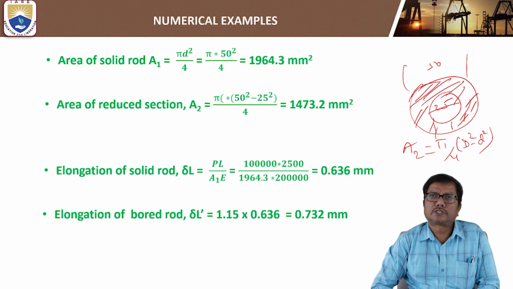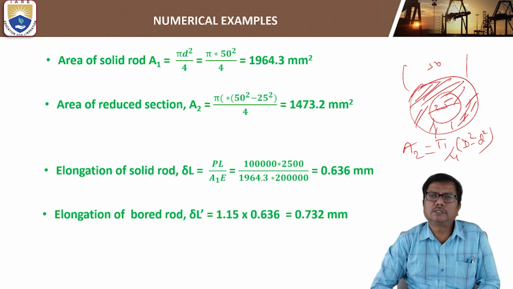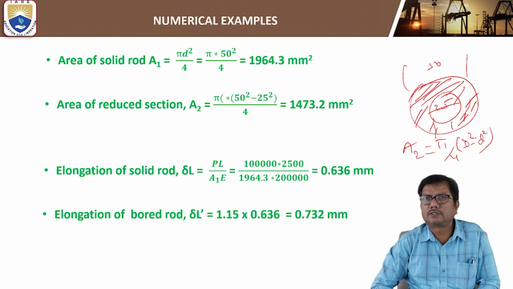So elongation of solid rod without borehole is PL by A1E. After substitution it is coming out to be 0.636 millimeters. And elongation of bored rod, after a bore is cut, is 15% more than the solid rod.